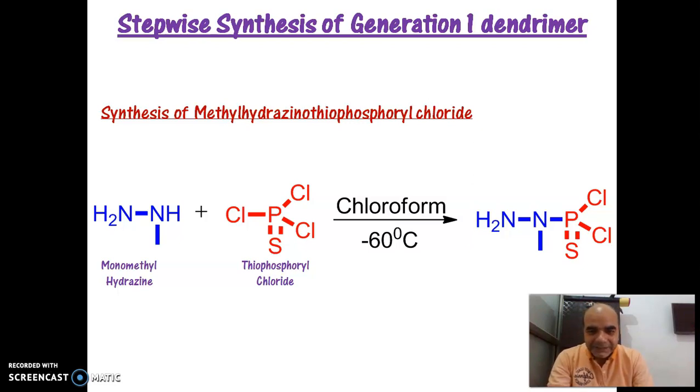This is the crucial reaction behind the synthesis of this dendrimer, and we perform this reaction as a starting point. You can see it's monomethyl hydrazine and thiophosphoryl chloride, and the coupling occurs at minus 60 degrees Celsius in chloroform, leading to the formation of hydrazine-thiophosphoryl chloride.